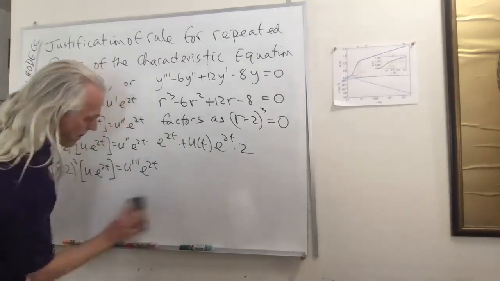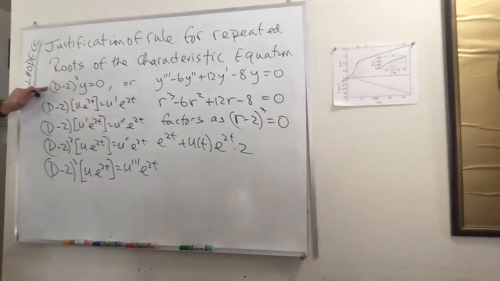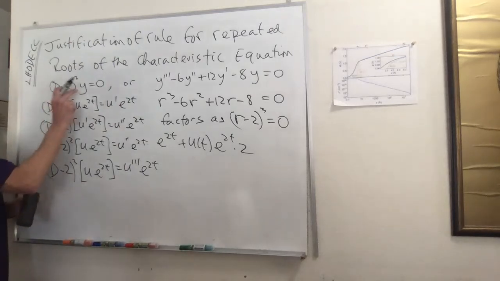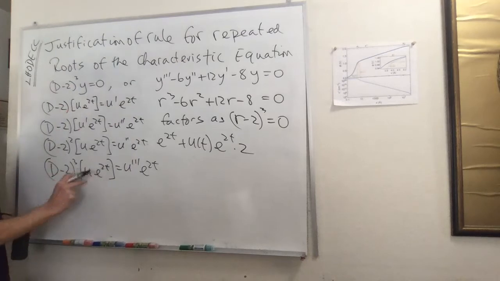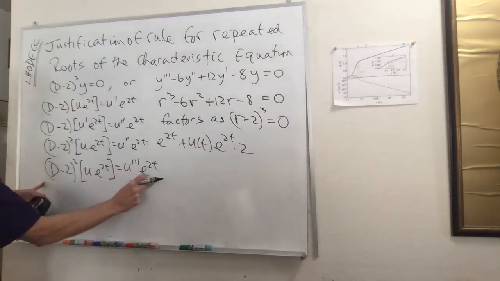All right. So instead of just plugging in e to the rt, where I find that r has got to be 2, I plug in y is any function u of t times e to the 2t. And I find that I get u triple prime e to the 2t.